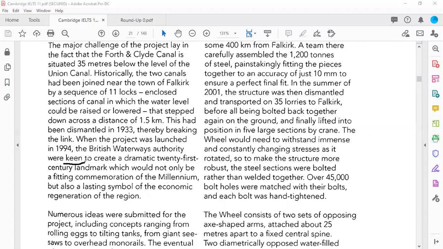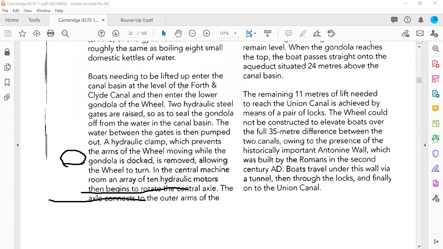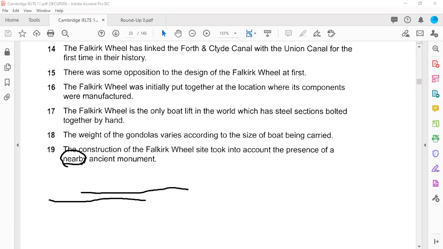They were very eager to create a dramatic 21st century landmark which would not only be a fitting commemoration of the millennium, but also a lasting symbol of the economic regeneration of the region. So these people were eager, they were keen to bring this water wheel in. They did not oppose it. Was there some opposition at first? No, there was no opposition. They were keen.